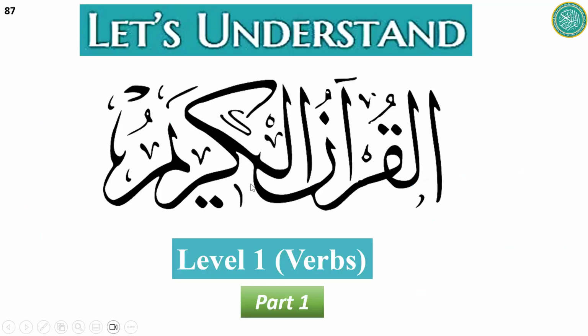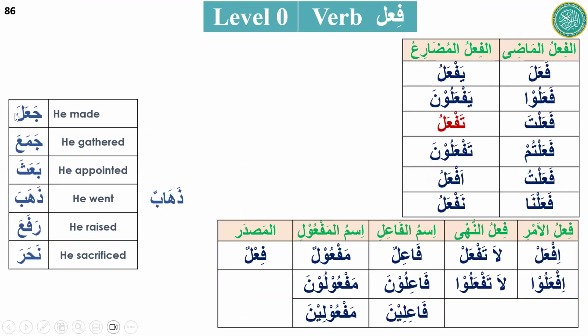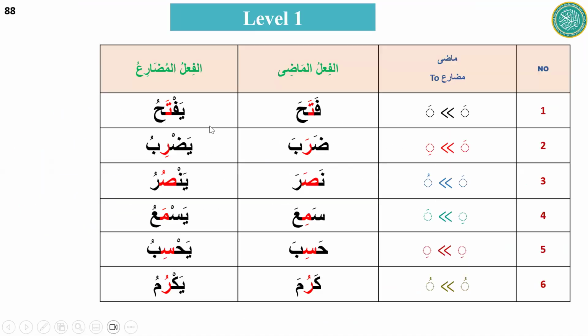There is no change. Here we have all the verbs, three letters verb. But then we will learn what's new here. There are new things. So here we will discuss 6 chapters. In every chapter we will see a different pattern of this three letters verb.